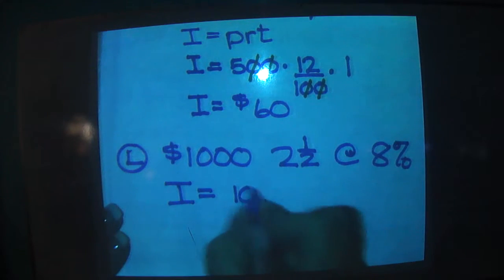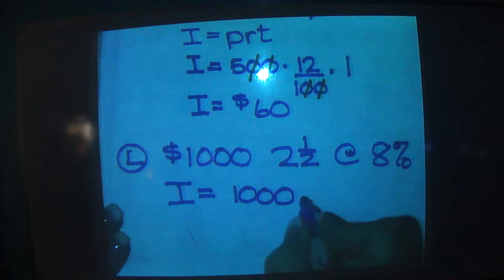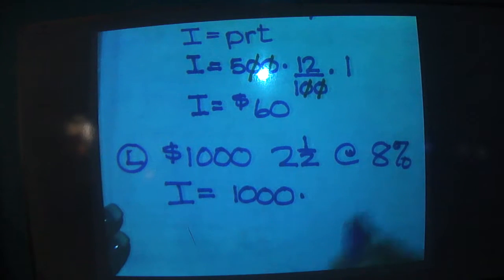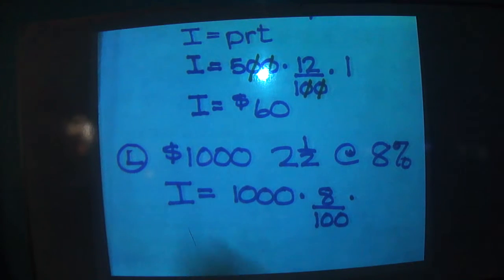And I'm going to take out the dollar sign. What's our rate? 2.5? No, that's our time. So our rate is 8 over 100, 8%, times 2.5 years.